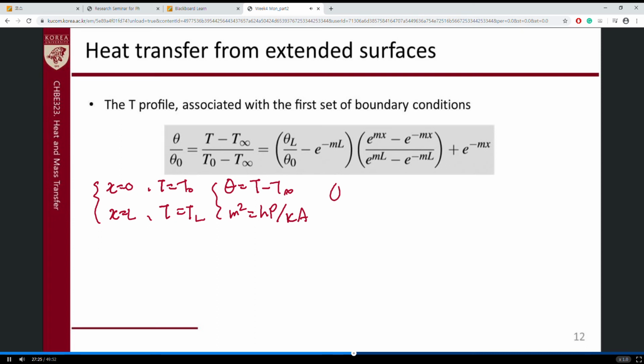The solution that we have to solve was theta equals c1 e to the mx plus c2 e to the minus mx. So by substituting this boundary condition in here, we will get these values.